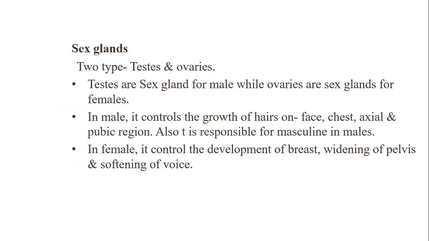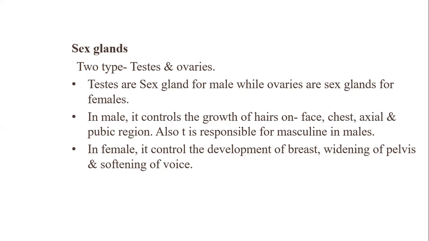And the last type of endocrine gland, that is sex glands. There are two sex glands in our body, testes and ovaries. The testes are the sex gland of male, while ovaries are the sex gland of female. In males, it controls the growth of hair on face, chest, axillary part, and pubic region. Also, it is responsible for masculinity in males.